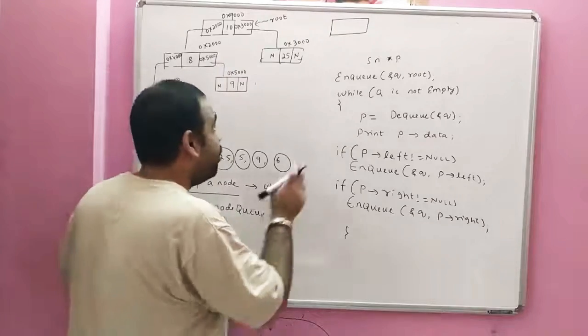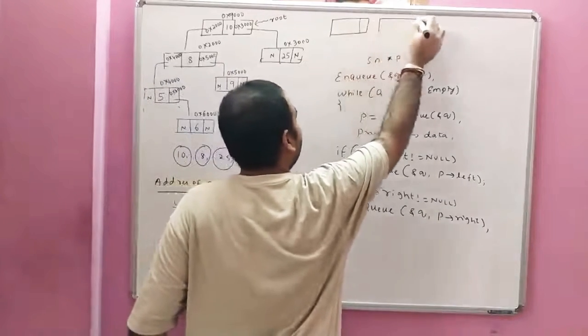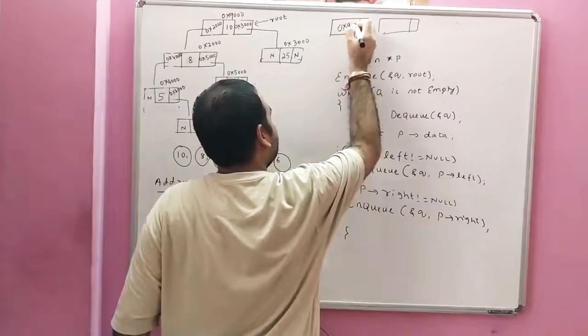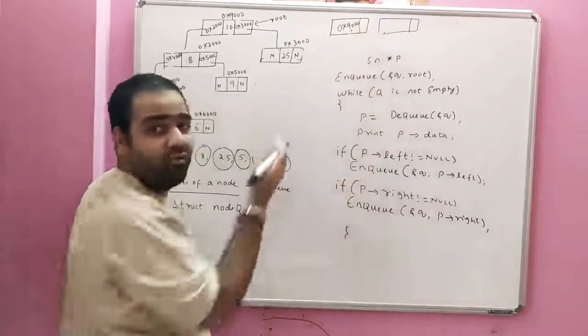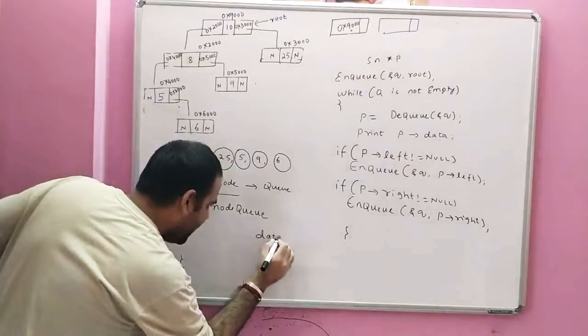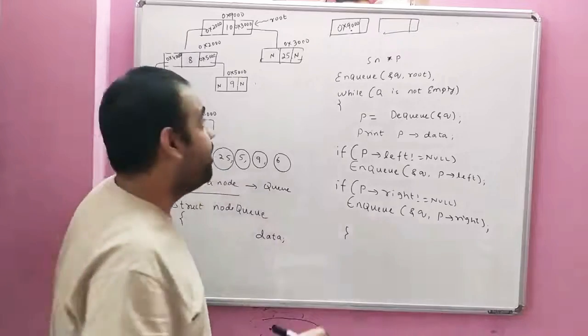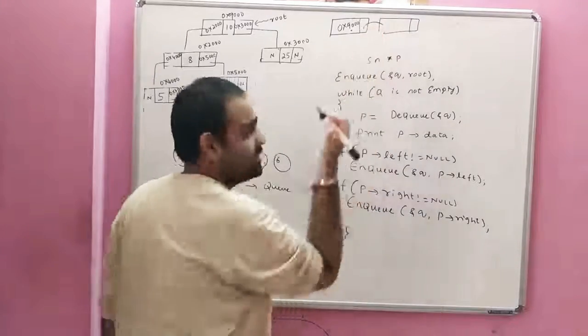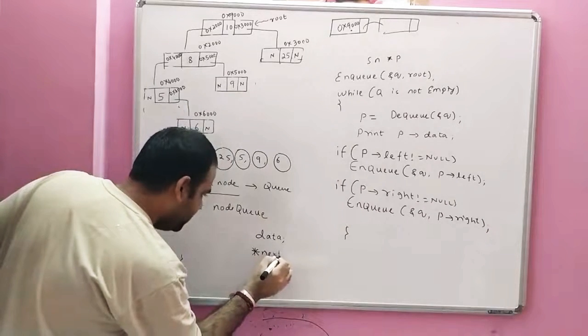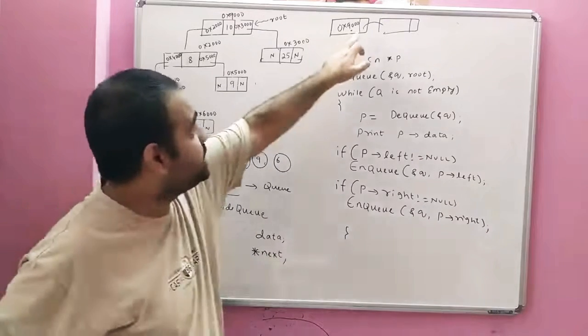And in this node of the queue, what are we doing? We are storing two things. Here I am storing the address. Now this address becomes what? The data part of it. And the second thing you have in the node is the next pointer. Therefore I write over here star next. What is this next pointer doing?